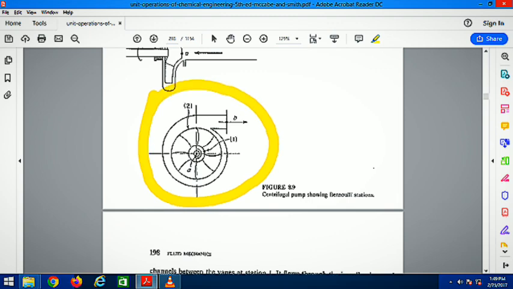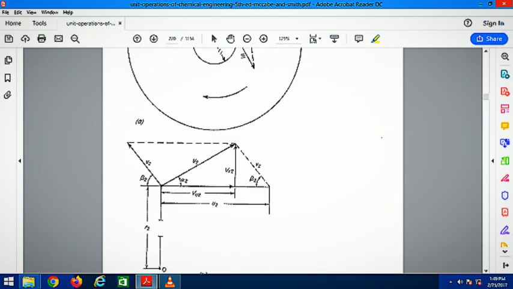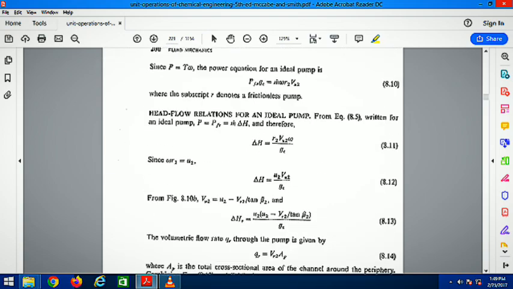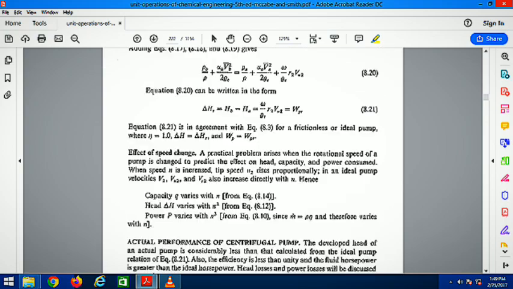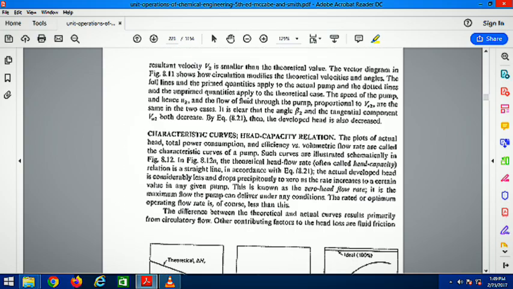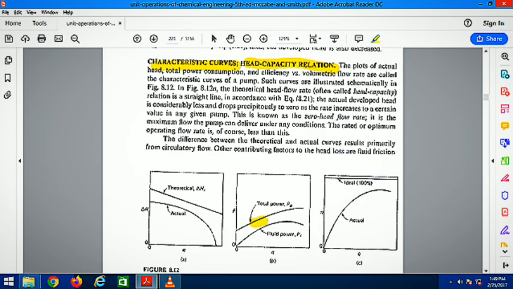For pumps, this is a centrifugal pump diagram. So at the center, fluid comes in and it moves with the centrifugal force and finally exits. We next move on to the characteristic curves, head capacity relations in the pump.